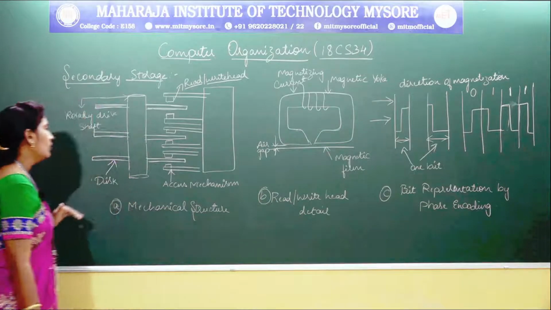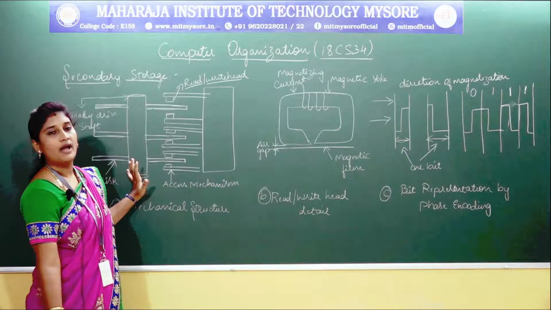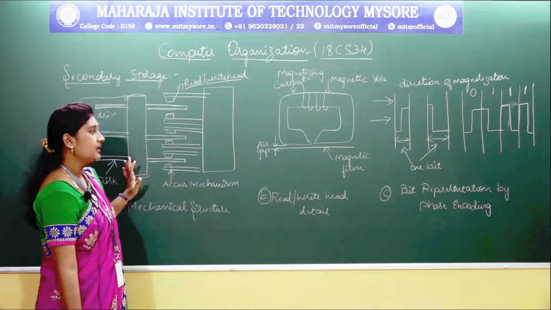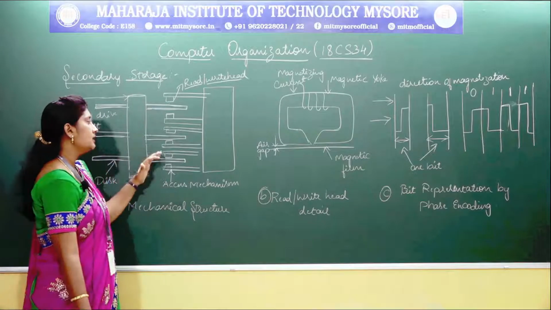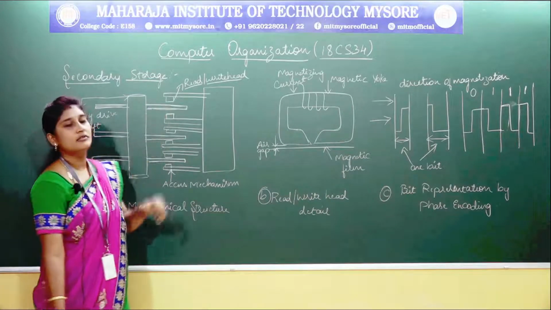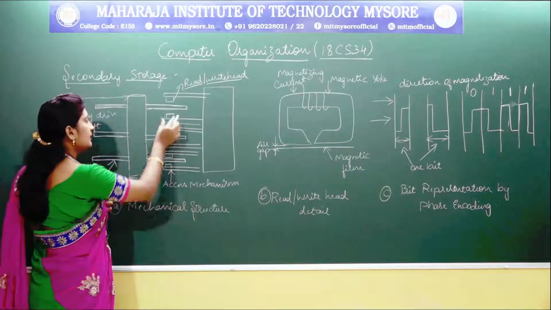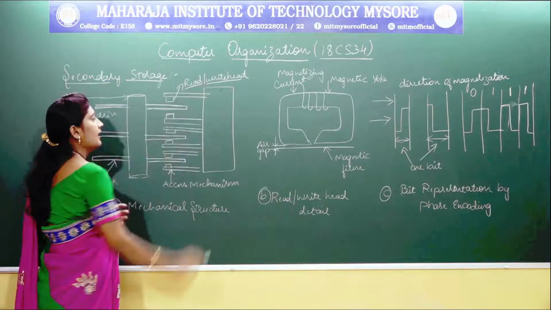At this stage you are learning about the mechanical structure, how the magnetic disk is structured. The disks are placed one above the other, and each disk has a thin magnetic film on both surfaces, so that the disk is in close proximity to the read write head.